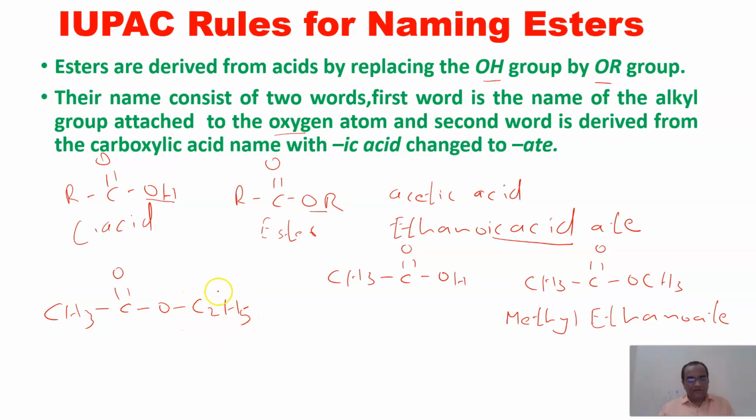The oxygen part is ethyl, so I will write ethyl, and the remaining part has 2 carbons, so it will become ethanoate. Whenever we are writing the structure of a carbonyl compound, we have to consider the carbons. The carbon which is linked with the oxygen, that we have to consider for writing the IUPAC nomenclature. Here, as there are 2 carbons, 1 and 2, I have written ethanoate.